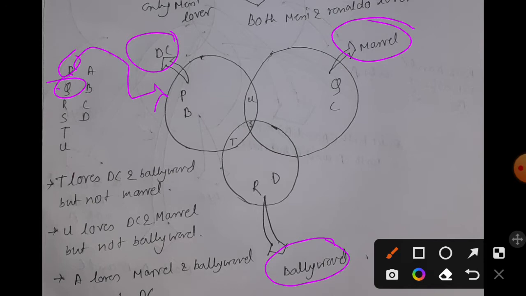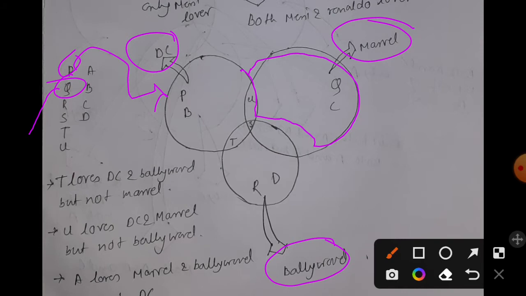He said that he likes to watch Marvel, again mentioning that he only likes Marvel cinema. So under such circumstances I have to place him in that circle which is only for those persons who like Marvel.